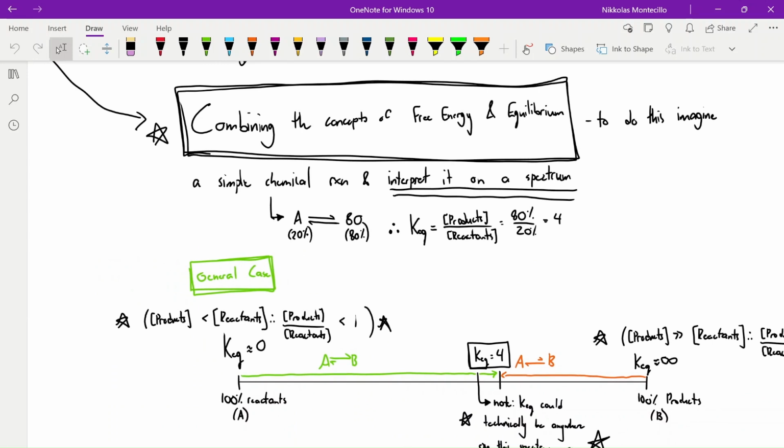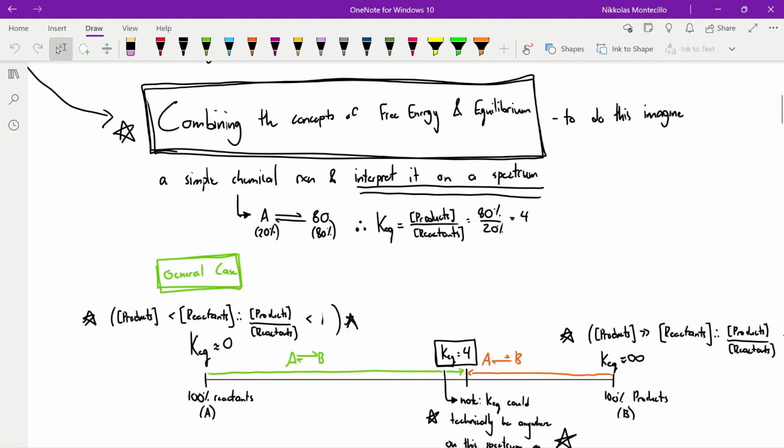the concentration of the products is less than the concentration of the reactants, and therefore the ratio of the products over the reactants is less than 1. So we can see here on a scale that the equilibrium constant is favored at 4, right?